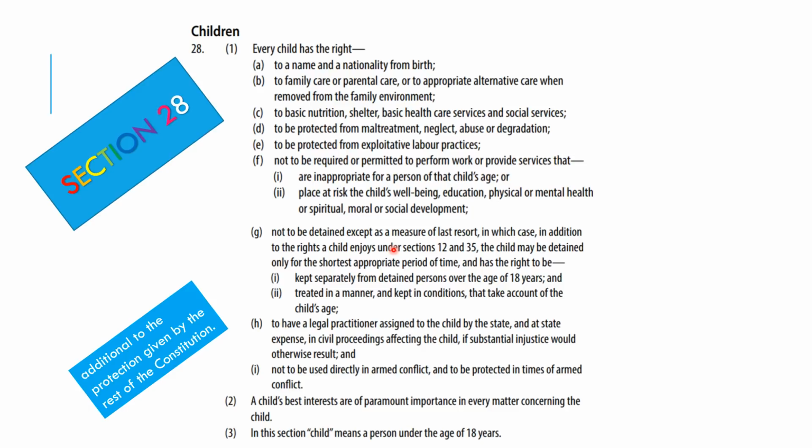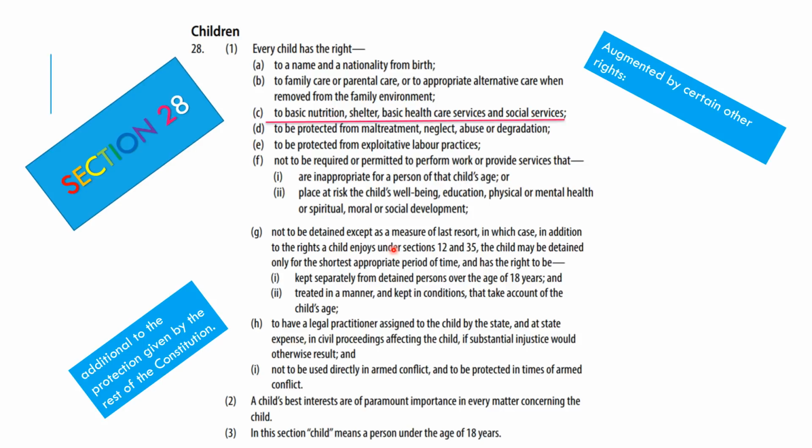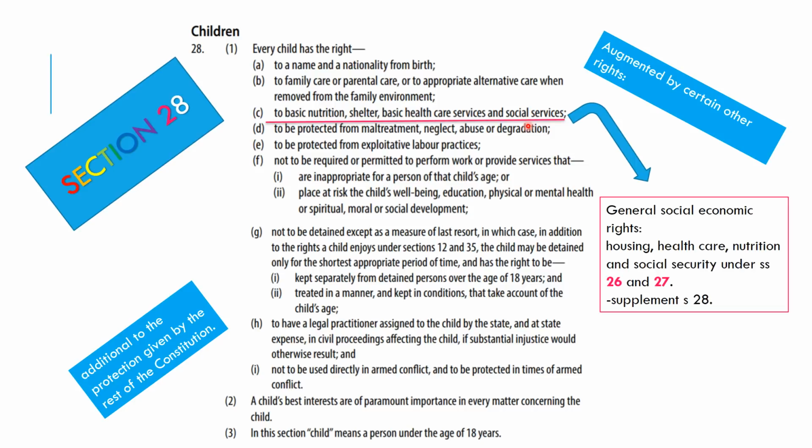In addition to this, the children's rights under Section 28 are augmented by certain other rights. Now, what does this mean? For example, if we take Section 28C, the right to basic nutrition, shelter, basic healthcare services, and social services. This right is very similar to other rights we find in the Constitution, namely Section 26 and Section 27.